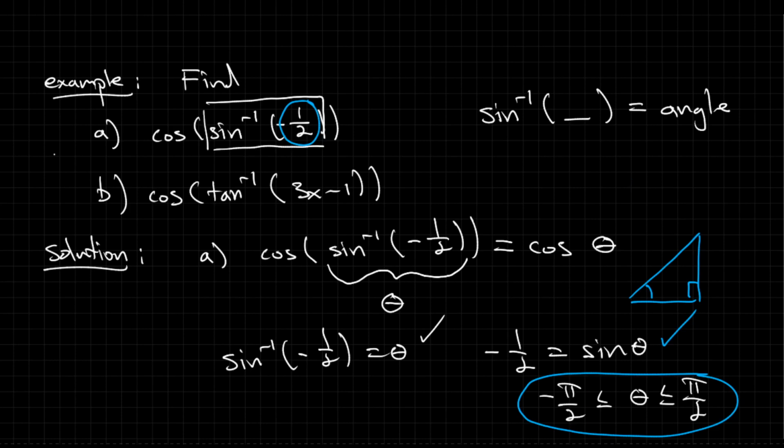Somehow you have to make sense of negative side lengths, and you just cannot have angles which are less than 0. You can't have negative angles in a triangle.